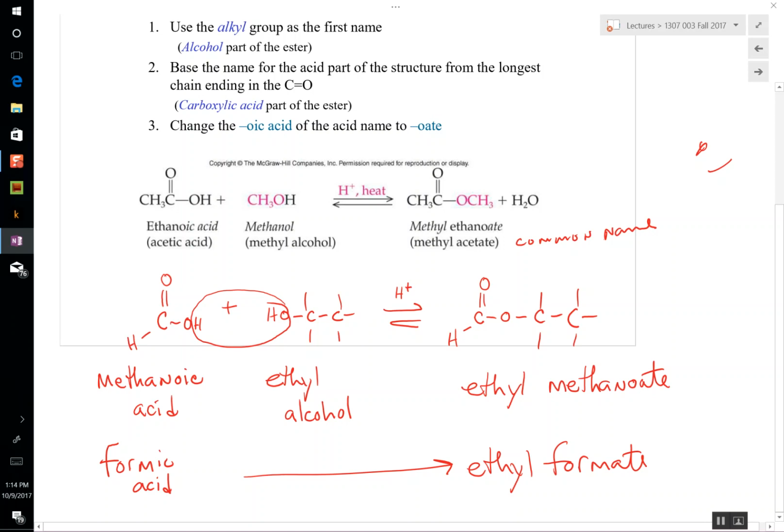That's my methanoate. I have 2 carbons over here as an alkyl group. There's no carbon-oxygen double bond on this. It's simply an ethyl group, just an ethyl substituent on methanoate. Up here, we got a methyl substituent on an ethanoate.